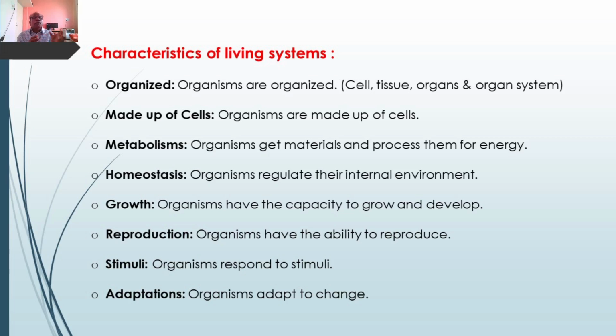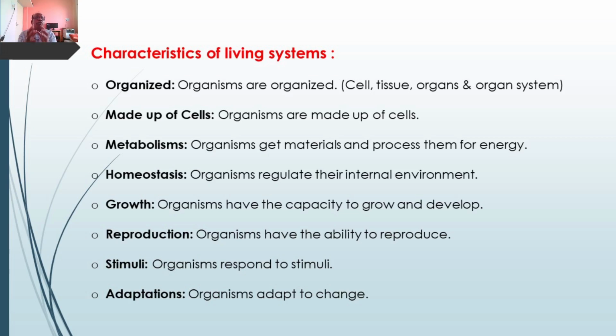So animals or the living systems themselves get adapted, get modified themselves so as to resist, so as to withstand, or so as to tolerate the adverse conditions of the external environment or the internal environment, and get changed so as to tolerate, so as to resist. So this will lead to the evolution or the variations. This leads to the variations or the changes in the body of living organisms.